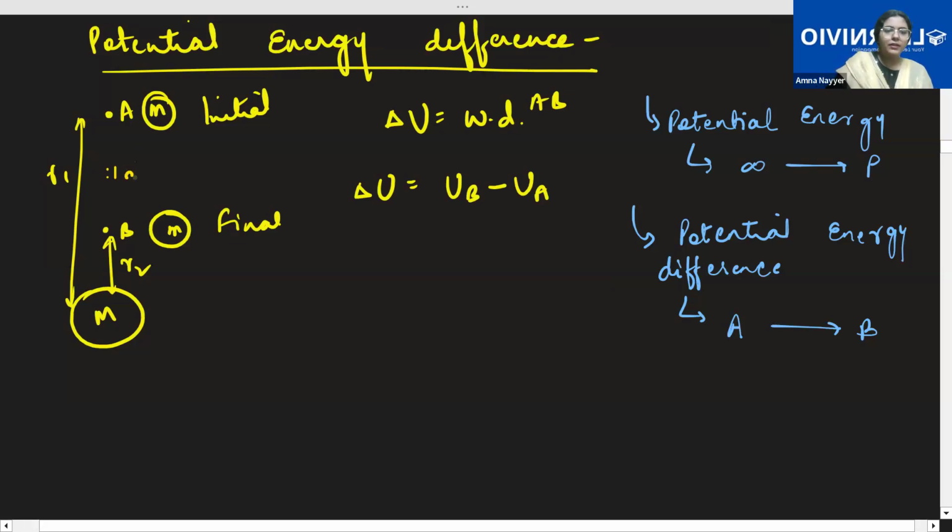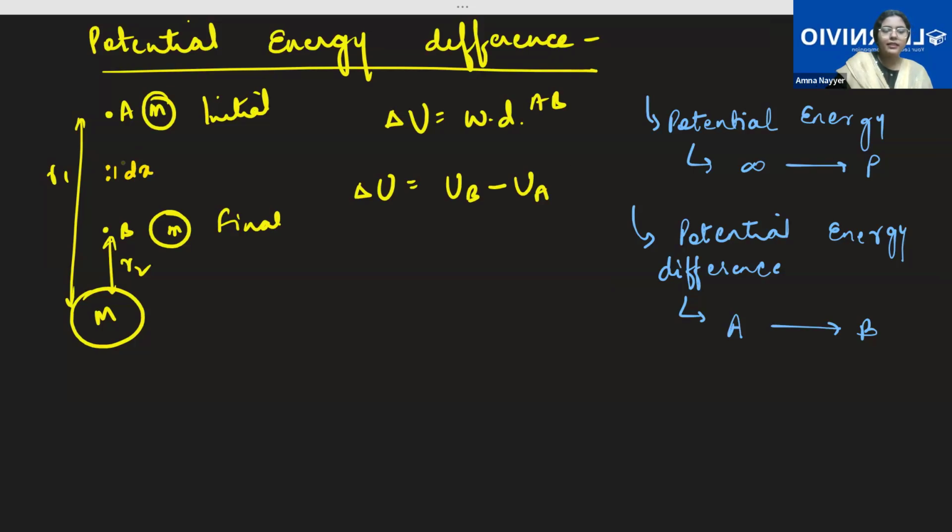So here also in between we'll choose a very small point. And instead of this point being at infinity, we'll have this point at some distance of r. That will be the difference. This point will be at a distance of r1. The second point where you have to get the object will be r2.